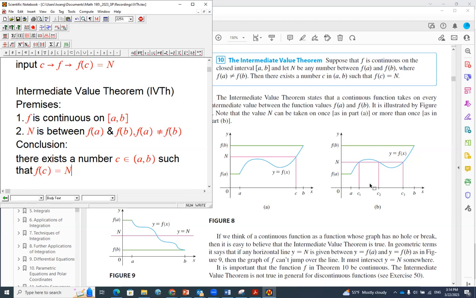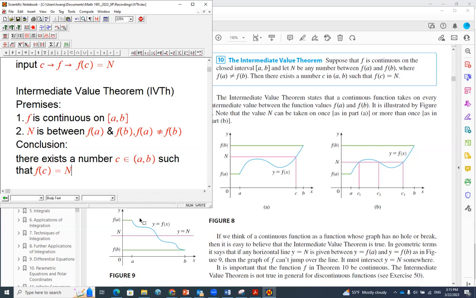Totally possible. But we always have at least one. When you use the words there exists a number, it basically tells us that there is at least one such number. And in the case there's only one, you can see there's one. So the theorem doesn't tell us how many for any specific circumstances. So we have to deal with them on a case by case basis.